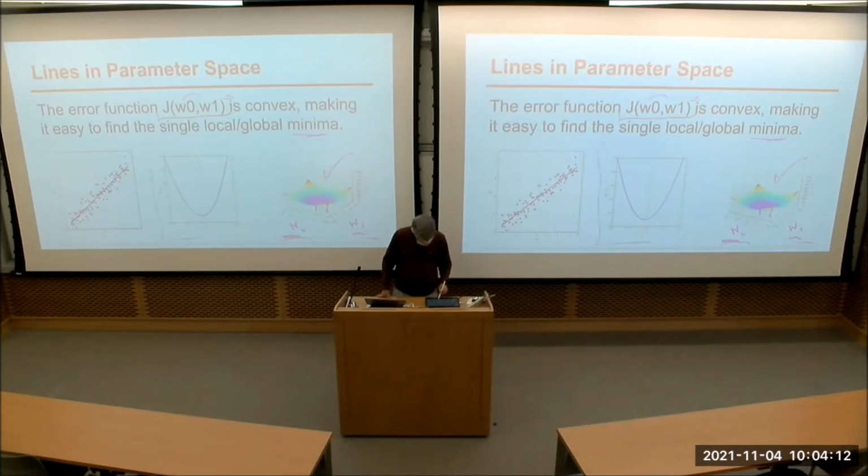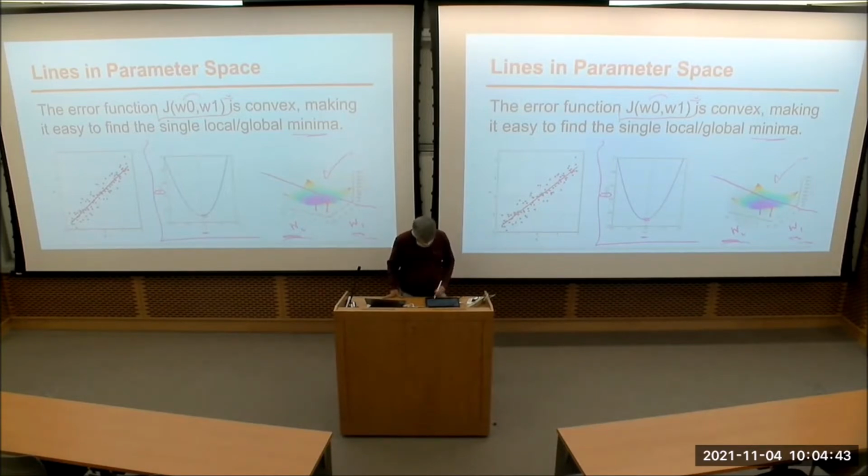This is a slice through the error surface. Here we're assuming that W0 is 0. And when you look at any slice of this error function, there is a value of the coefficient W1 such that it minimizes the error.